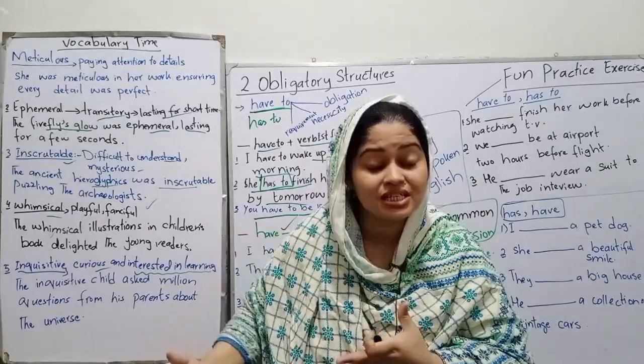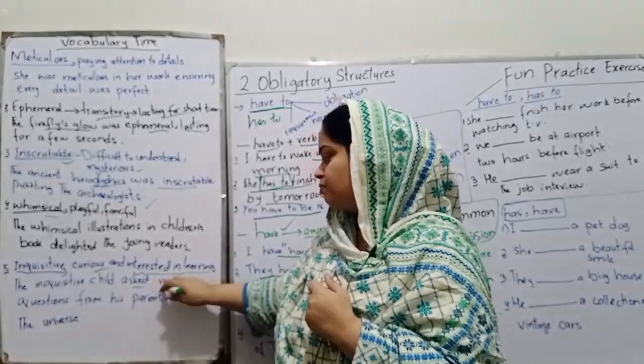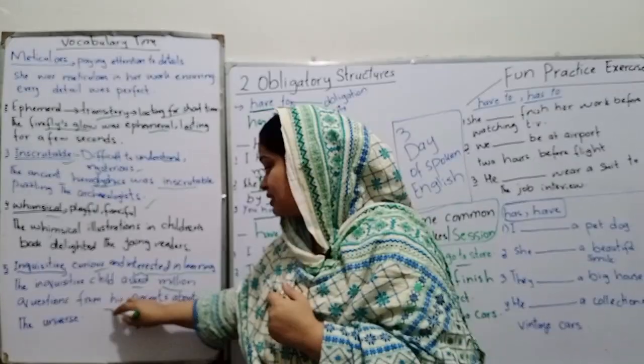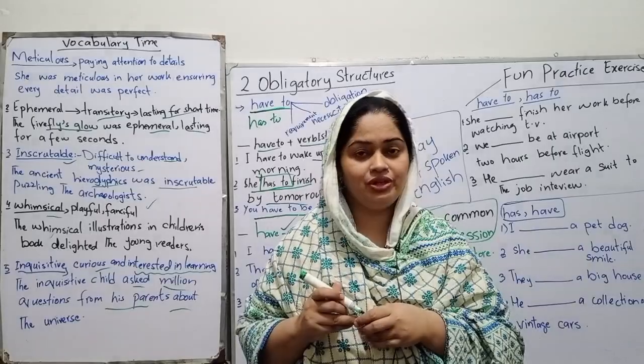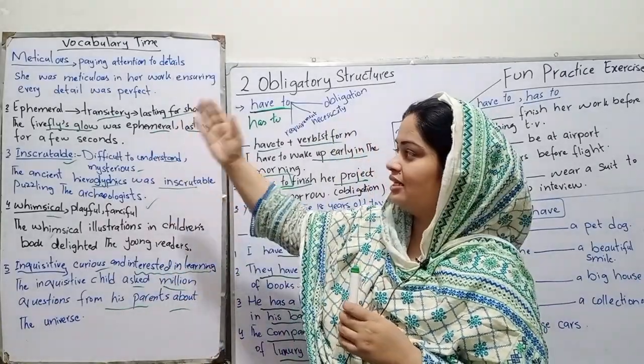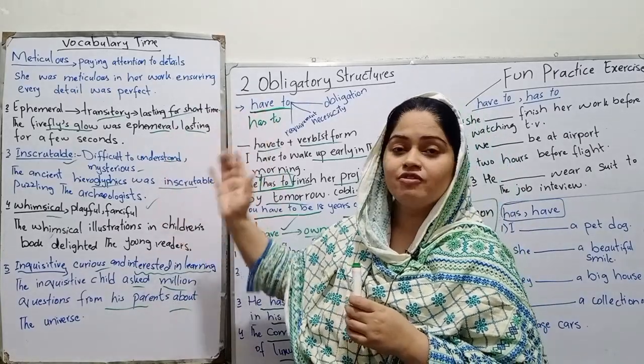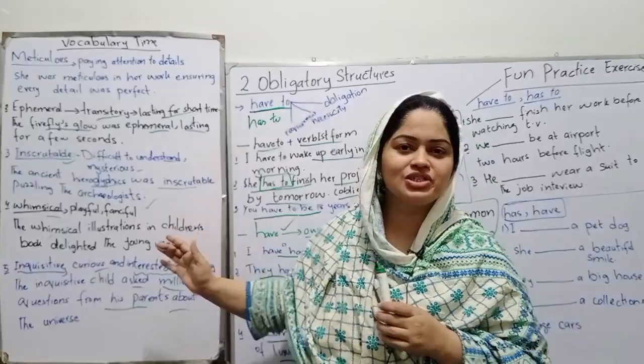The inquisitive child asked a million questions to his parents about the universe. First, meticulous. Second, ephemeral. The third, inscrutable. The fourth, whimsical. The fifth, inquisitive.